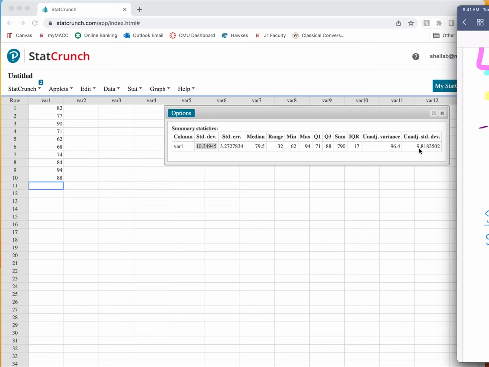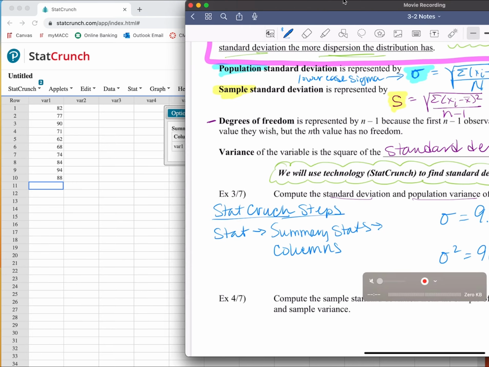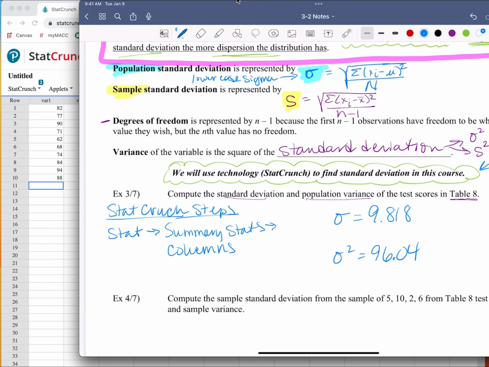That's my bad. I meant to put 40 and I just messed it up. So 9.818 is rounded, and then 96.4. Sorry, I wrote the wrong thing. Honestly, I don't know why I tried to put that 0 at the end of it. It's just 96.4.